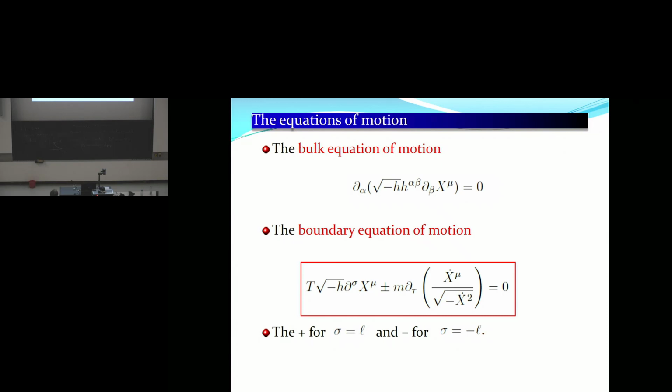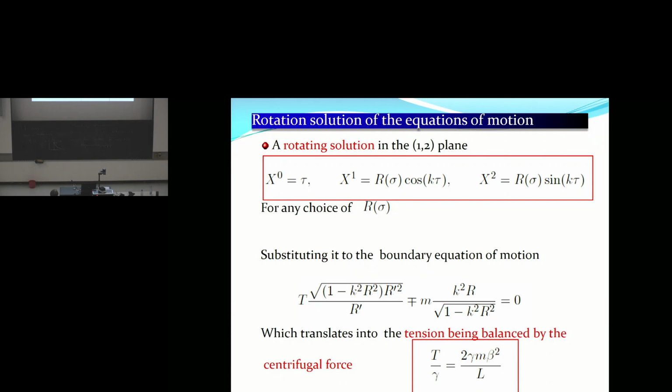These are the ordinary equations of motion. You can easily find a rotating solution, which translates into the fact that there is a balance between the centrifugal force and the tension. And notice this gamma factor that appears in the tension. But that's what you get.